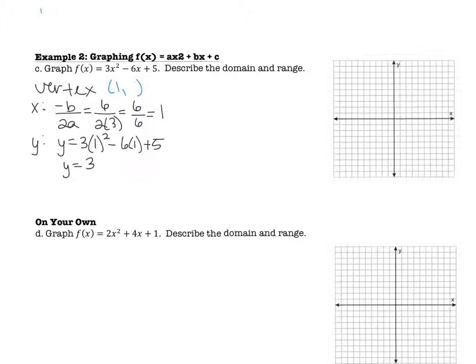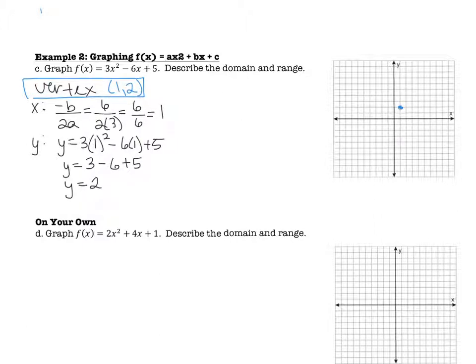So y equals 3, and then 6 times 1 is 6, so minus 6 plus 5. So your y value would be 3 minus 6 is negative 3, plus 5 would give you 2. So that's the y-coordinate of your vertex. When we graph it, the vertex would be at 1, 2. So let's just put that on the graph. We go over 1, up 2.